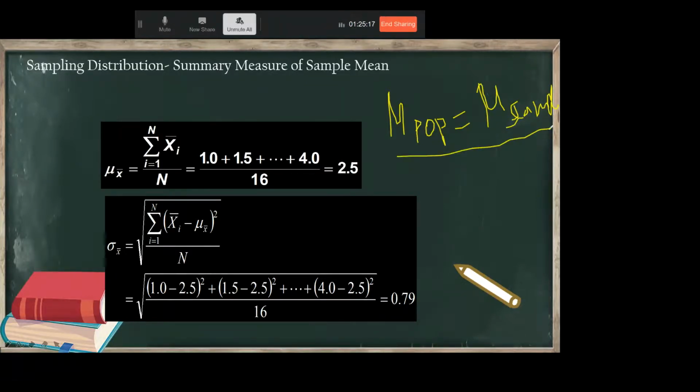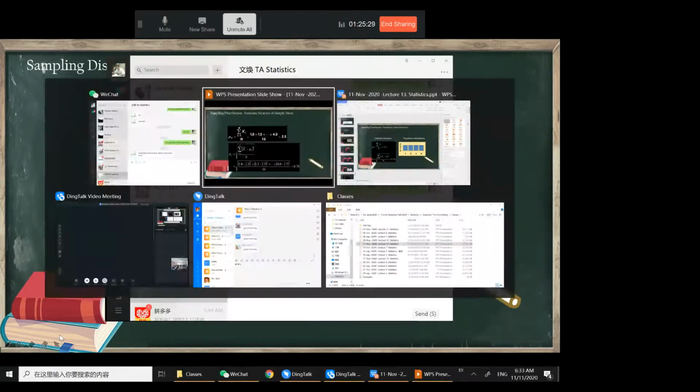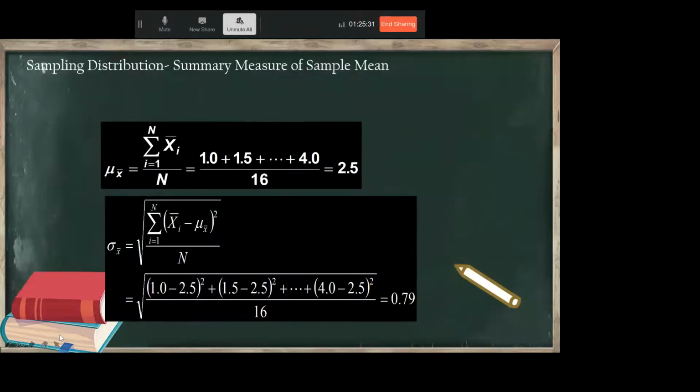Now when we come to the sigma, we already have the distribution of x bar. Let me make it clear once again. What do we have? We have x. What is x? 1, 1.5, 2, 2.5, 3, 3.5, 4.